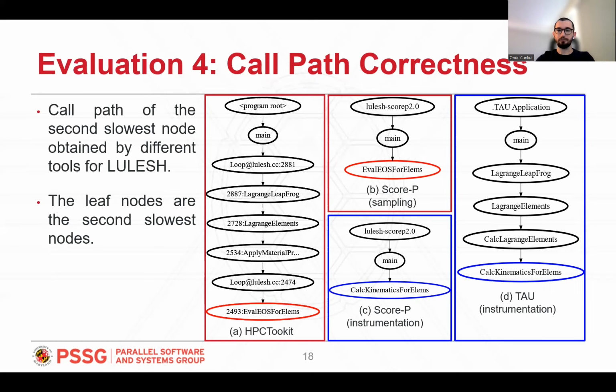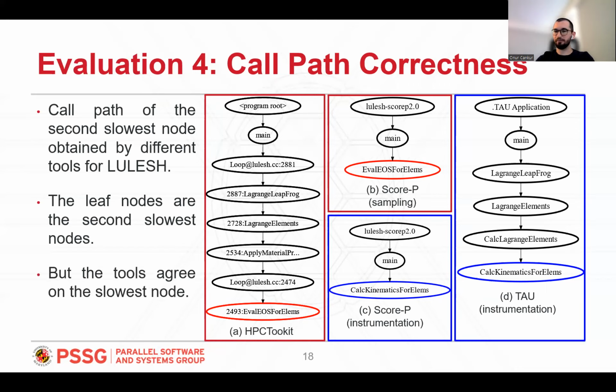So if we look at A, HPC Toolkit, and B, Scorpio sampling, they identify the same node as the second slowest node. But if we look at C, Scorpio instrumentation, and D, Tau instrumentation, they identify a different node as the second slowest node.